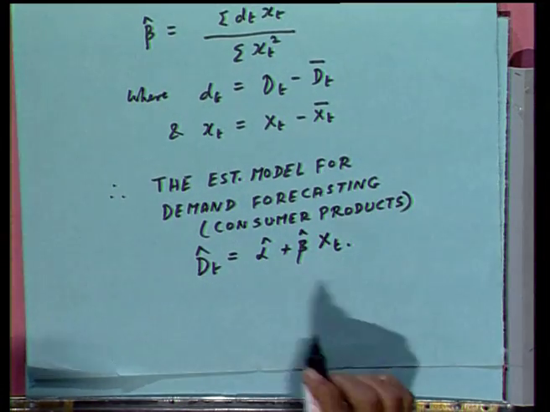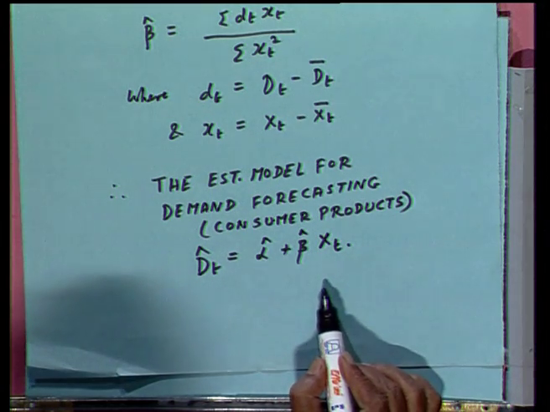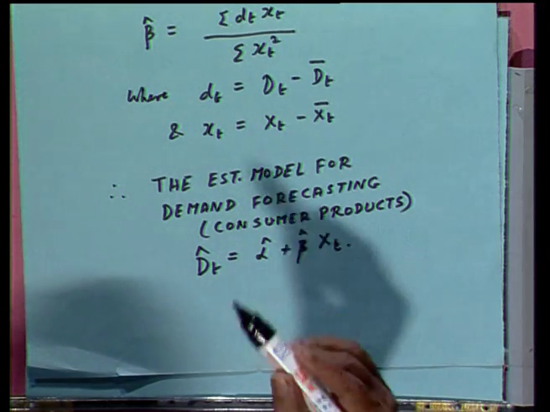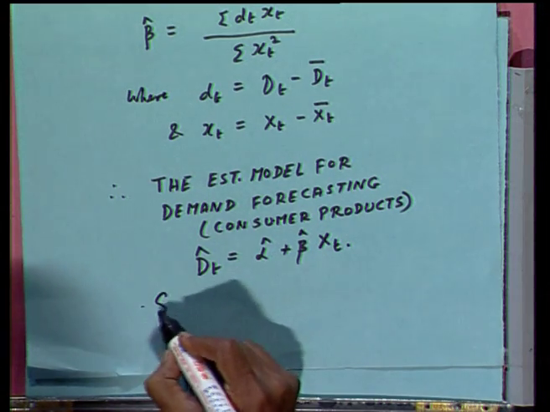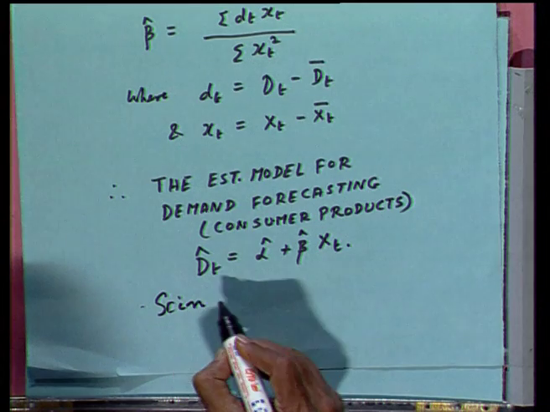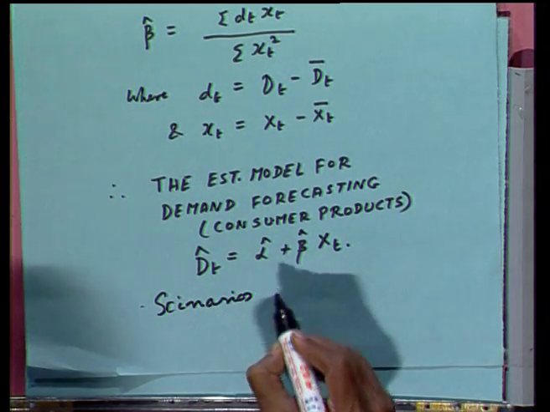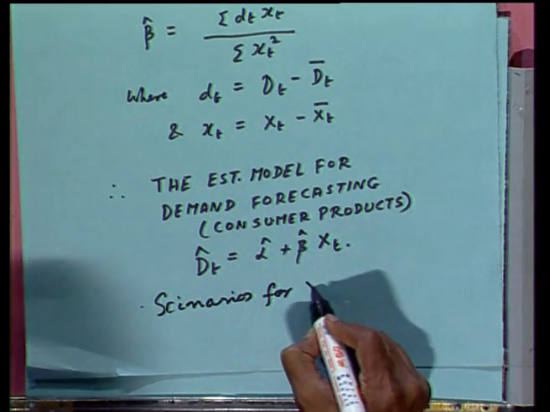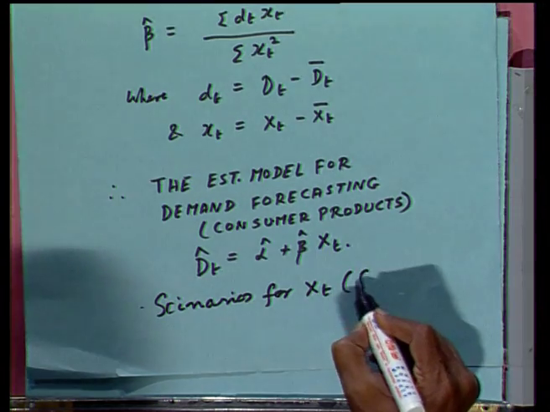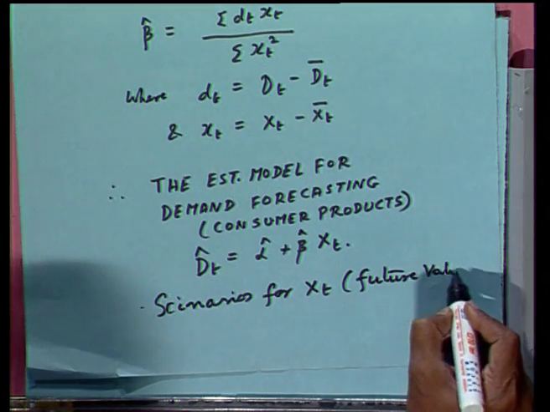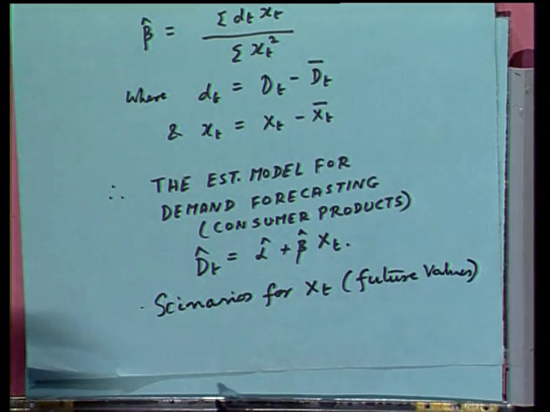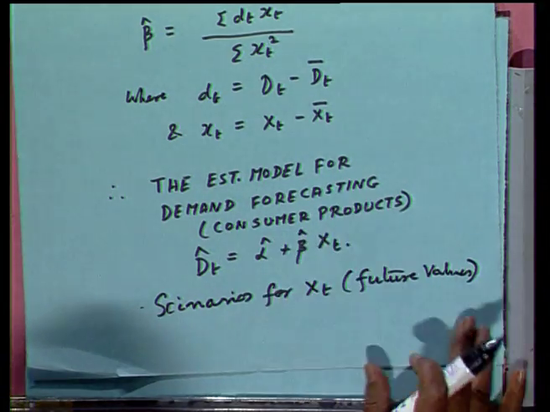Now, after having estimated this linear model using the OLS technique as I have described above, we take various scenarios for future values of xt, depending on the situation where you are in.